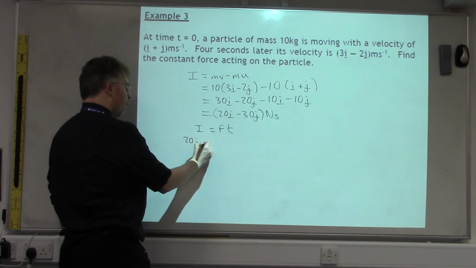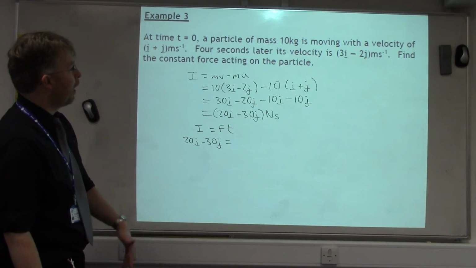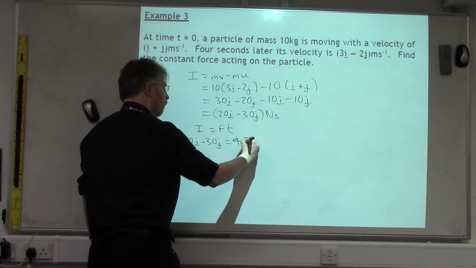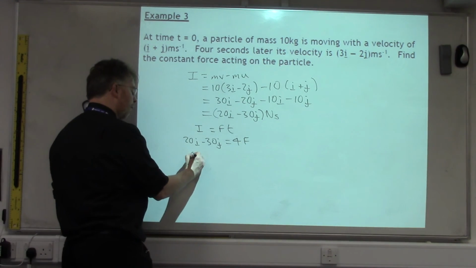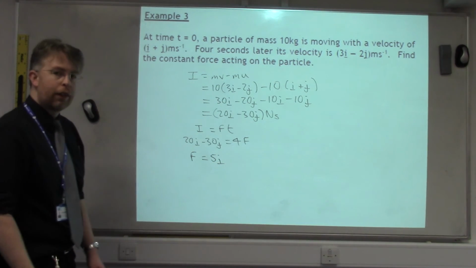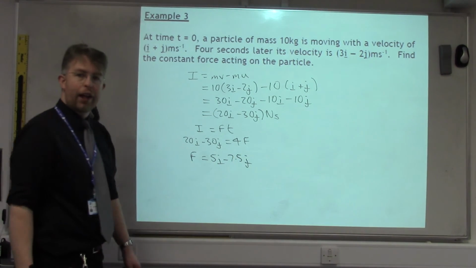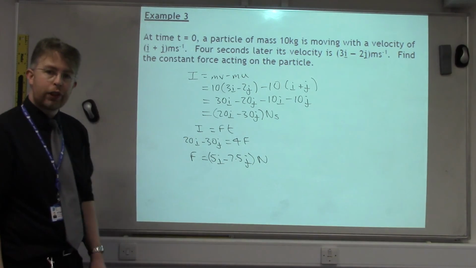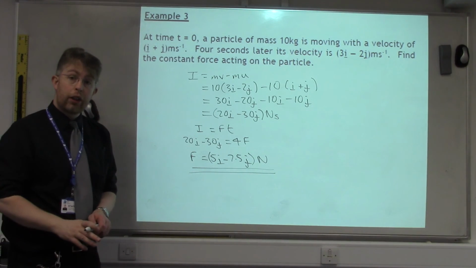So 20i minus 30j equals force, which is unknown, times the time, and it took 4 seconds for this to happen, so 4 times F. Divide both sides by 4, and we get the constant force. 20 divided by 4 is 5, 30 divided by 4 is 7.5, so we get 5i minus 7.5j, and the force is measured in newtons. And that concludes this section.